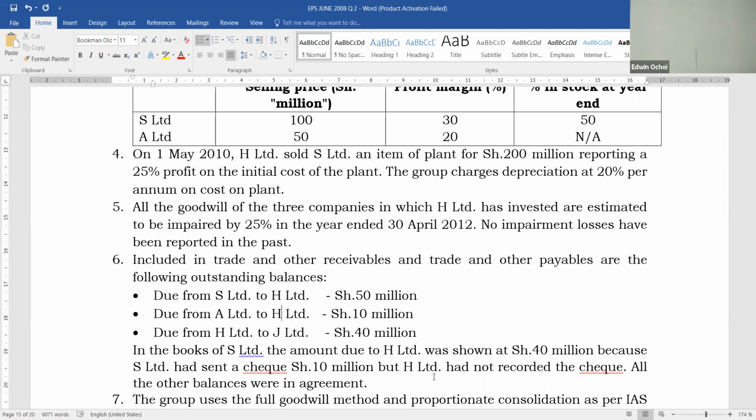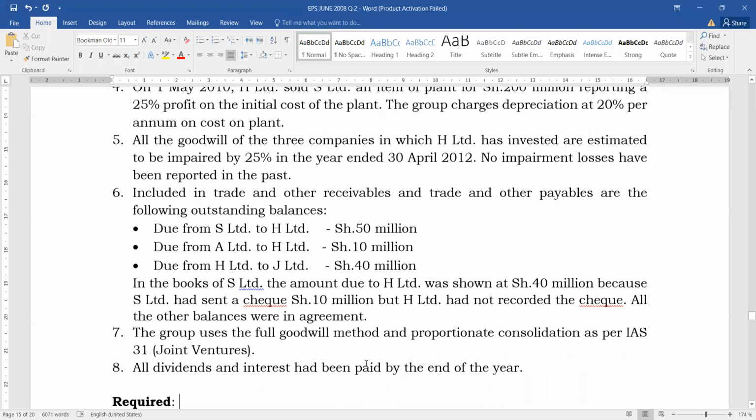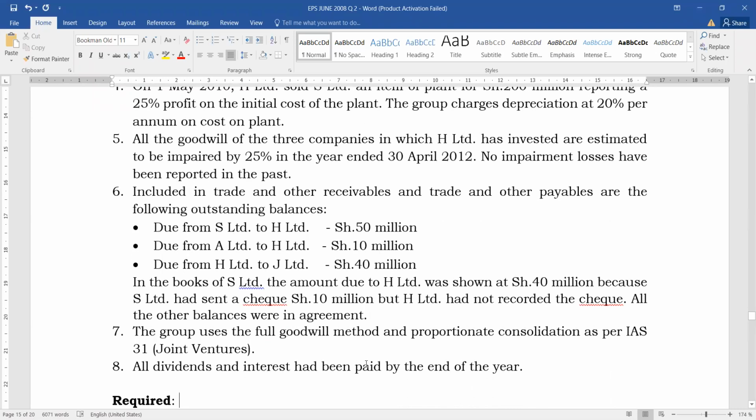What am I supposed to do with the 40 and the 10? Cash in transit, we add to cash. So what you do with the 40 and 10, remember that the 40 was outstanding, you cancel out.